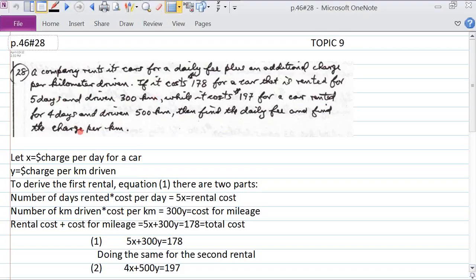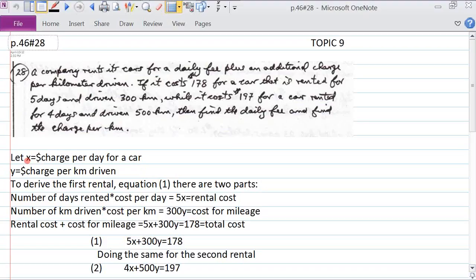That's really what they're asking us. Find the daily fee and find the charge per kilometer. And we have $178 for a car that was rented for 5 days and driven 300 kilometers. So that information will give us equation 1. And $197 for a car rented for 4 days and driven 300 kilometers. That'll give us equation 2.